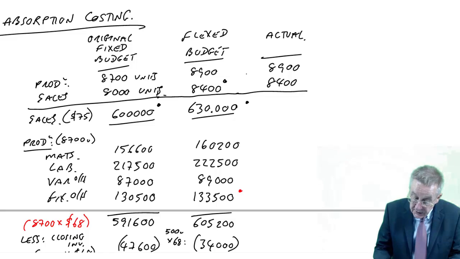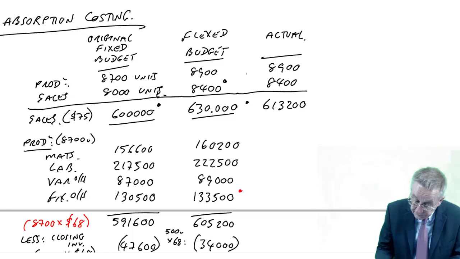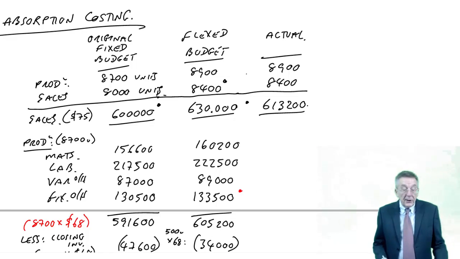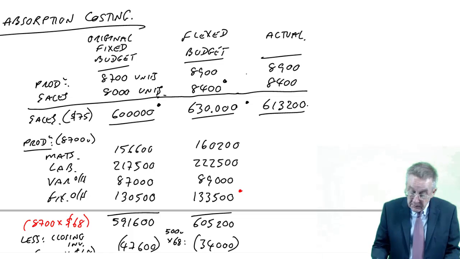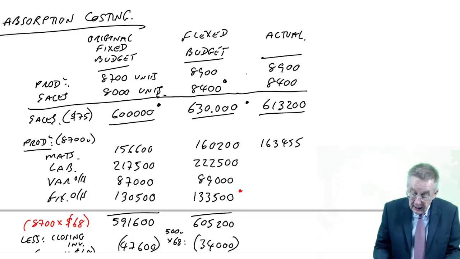We actually had 613,200. The costs, the bottom table, actual cost of materials 163,455, labour 224,515, variable overhead 87,348, fixed overhead 134,074.